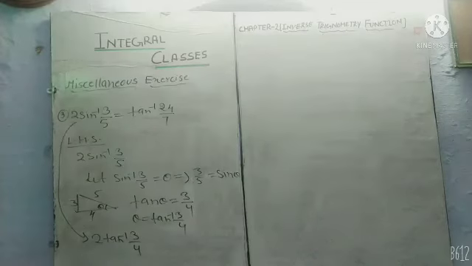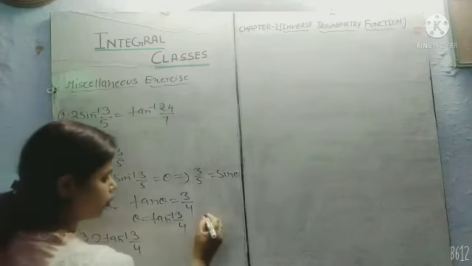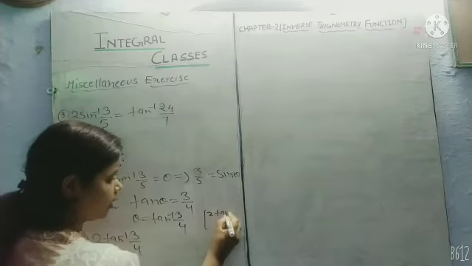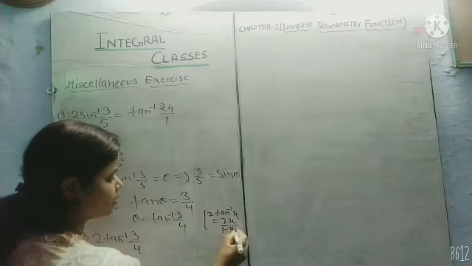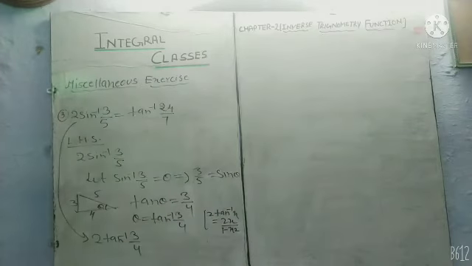Now students, we know the formula: 2 tan inverse x equals tan inverse of 2x upon 1 minus x square. We will apply this formula here.